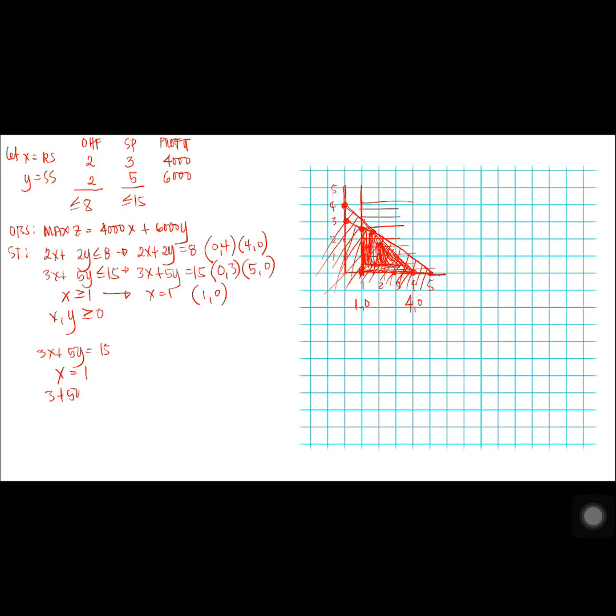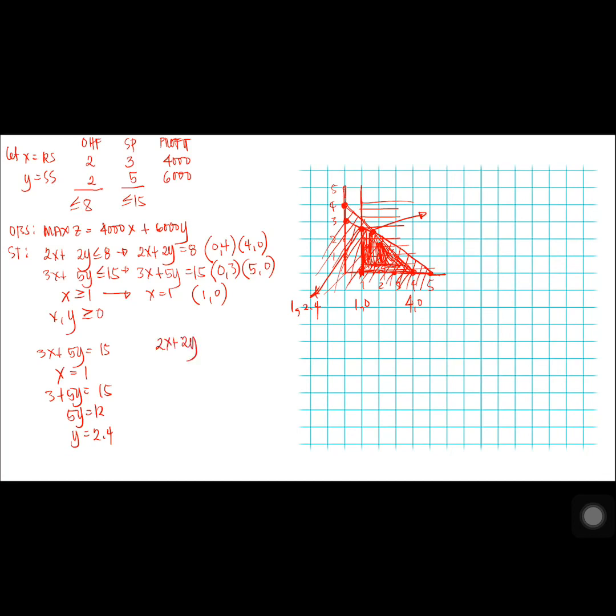So if x is 1, we have 3 plus 5y is equal to 15. We have 5y is equal to 12. Y is equal to, what is 12 divided by 5? We have 2.4. So this point is 1 and 2.4.